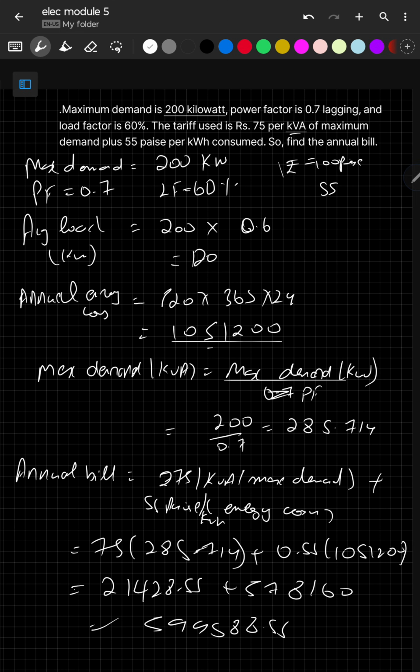Is it correct or wrong? I think it's wrong. So maximum demand is 200 kilowatt. Power factor is 0.7 lagging. Load factor is 60. Tariff is rupees 75 per kVA of maximum demand plus 55 paise per kWh consumed. So find the annual bill. I'm thinking the answer is wrong. No, it is correct.